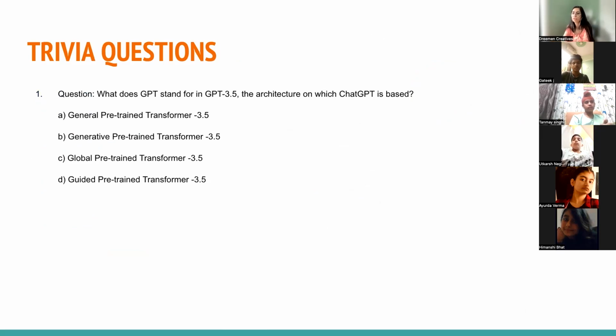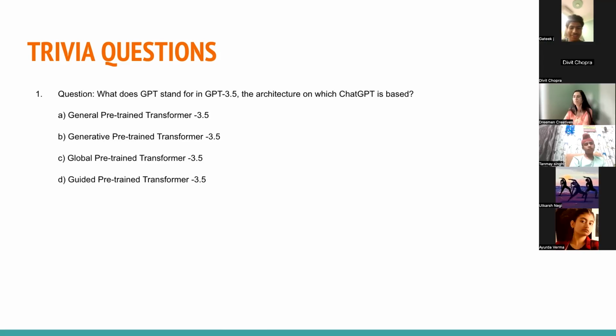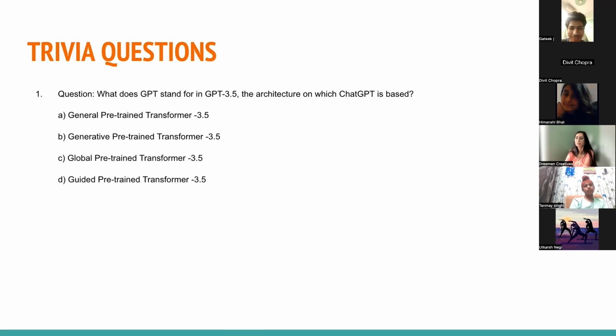So now we have a question here. What does ChatGPT stand for? The question is on your screen. Tell me the option. Yes, raise your hand. Gatik, yes. I'm not able to see it clearly. A, B, C, or D? Can you actually read the options?